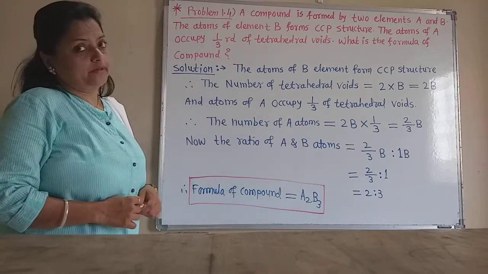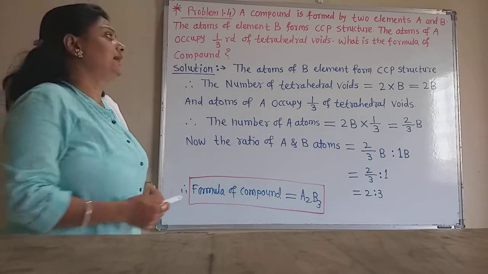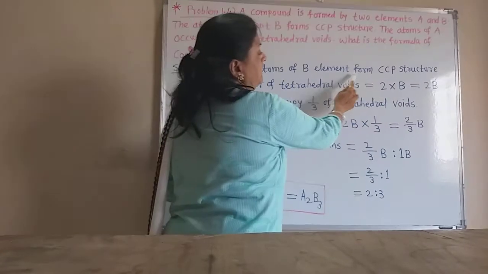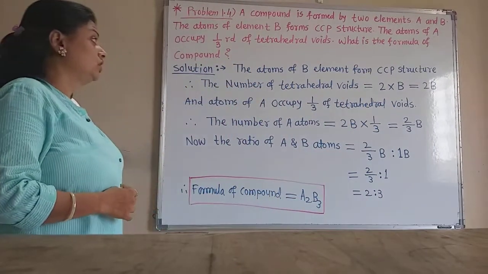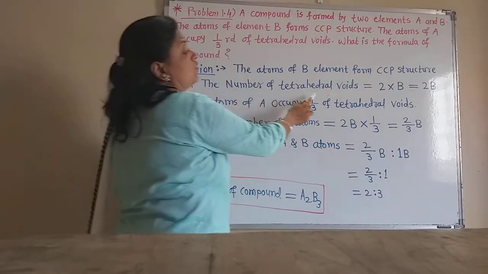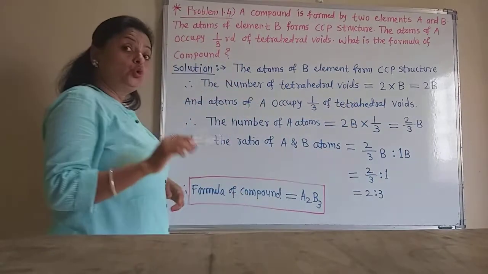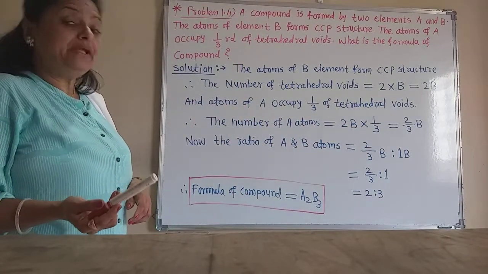Now this is the problem. We know that the atoms of B element form the CCP structure. Therefore the number of tetrahedral voids is equal to 2 into the number of B particles.